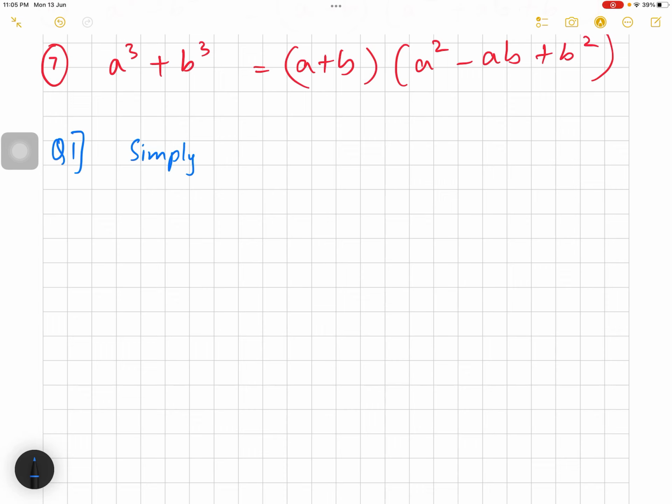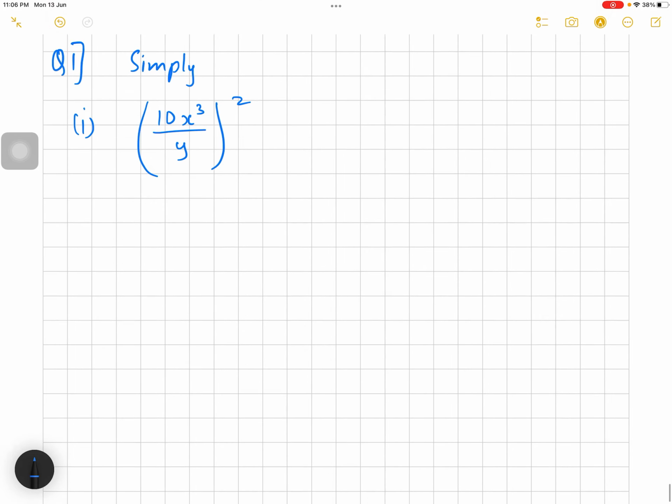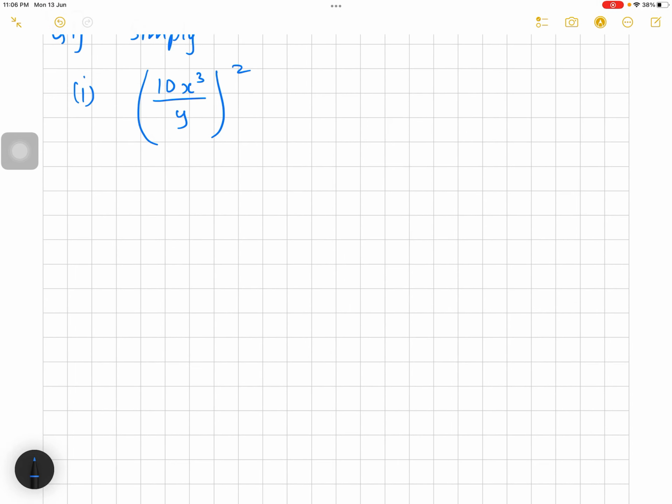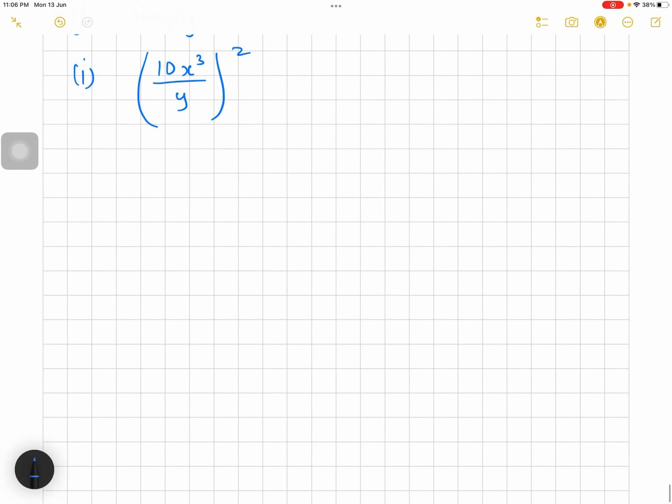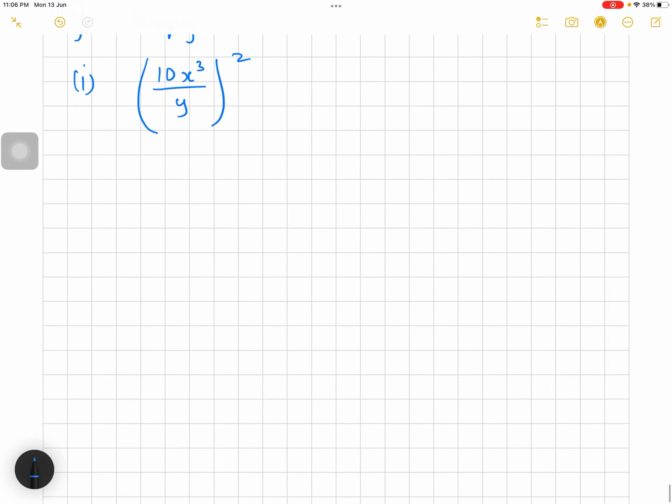Okay, so the first question is (10 x raised to 3 upon y) the whole raised to 2. You are supposed to simplify this. Okay, let's simplify this.